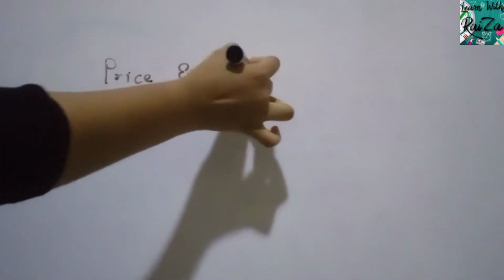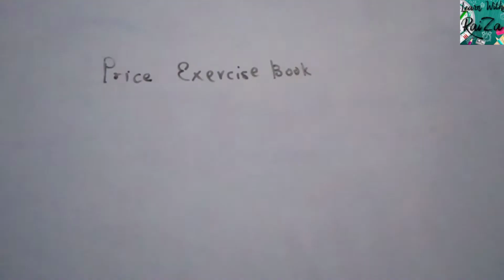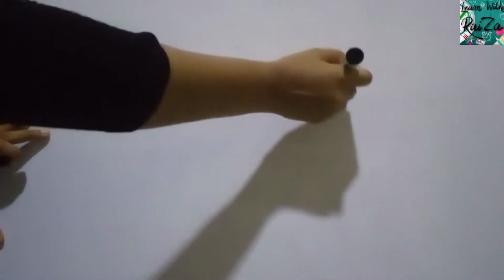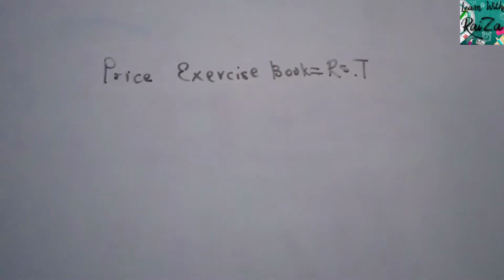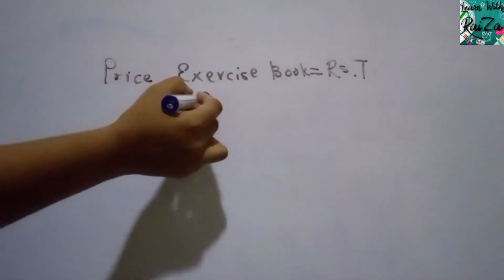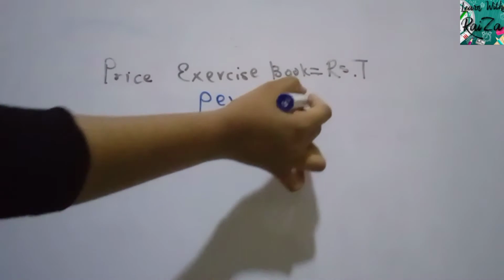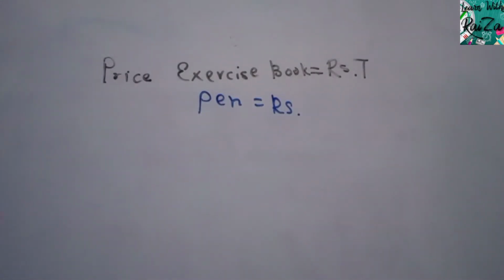Now let's go a little deeper, to some more advanced questions. If I tell you the price of an exercise book, just assume that as rupees T. And the price of a pen is rupees S less than the price of the book.